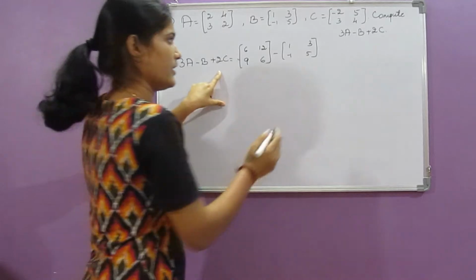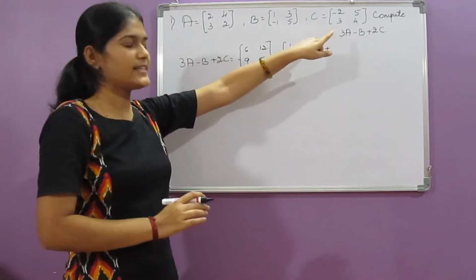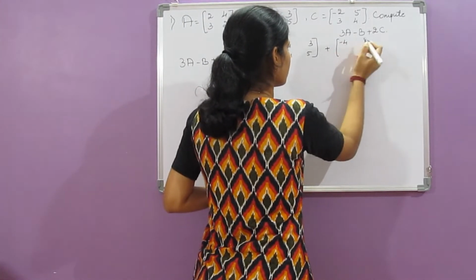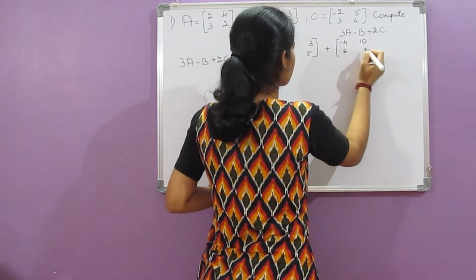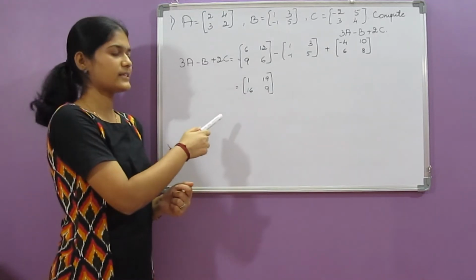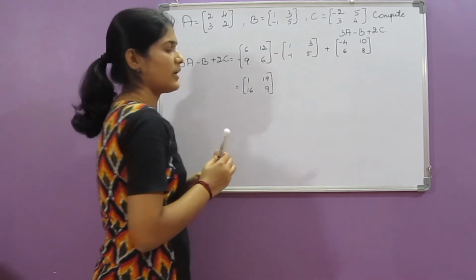Plus 2C. 2C means we have to multiply 2 with each entry of the matrix. That is, we will get minus 4, 10, 6 and 8. So this is the answer. You can just simplify this, you will get the answer.